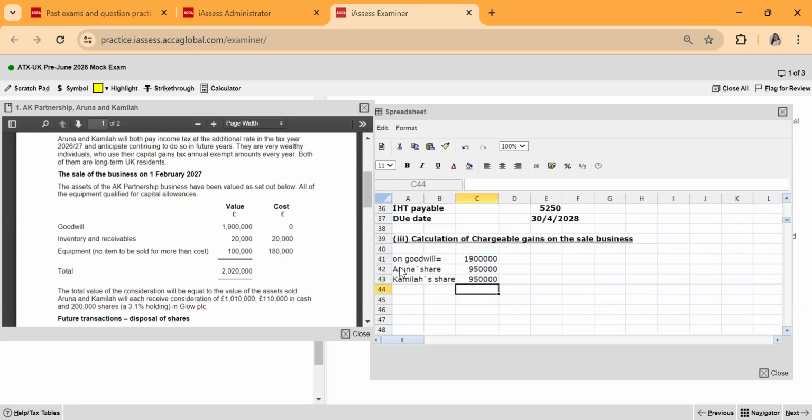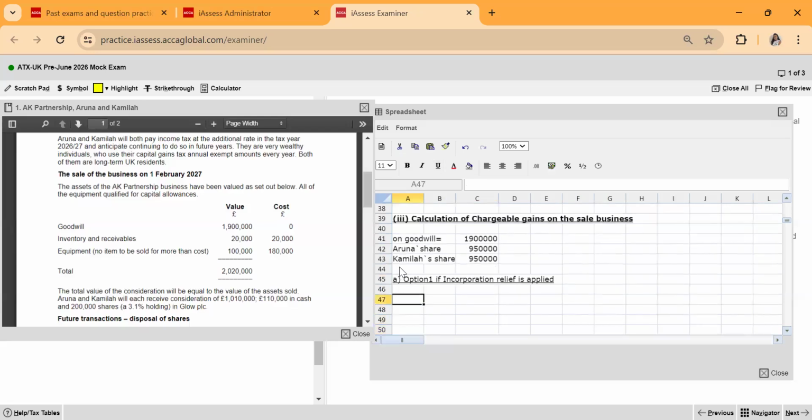Now let's calculate whether incorporation relief can be claimed or not, or any other relief. I'm doing the first option, option one: if incorporation relief is applied.